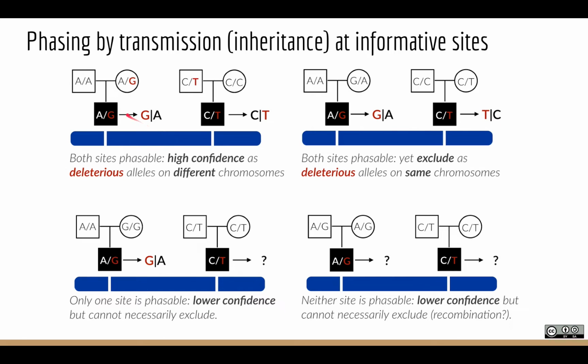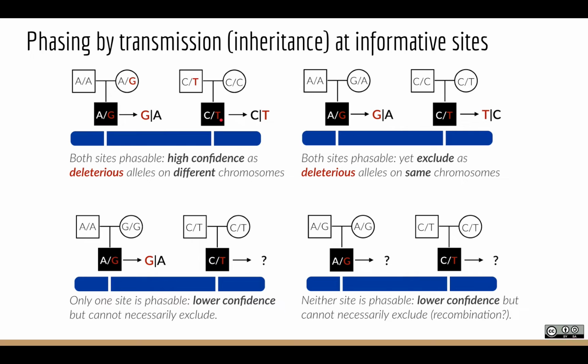Okay, so a couple of different things make this challenging, and this gets at phased genotypes again. So imagine these are two different sites in the same gene, and in this case, the G allele is inherited from mom quite clearly. So we can know unequivocally that G was inherited from mom, and so we put the G allele first, and then we use this vertical pipe sign to say it's a phased allele.